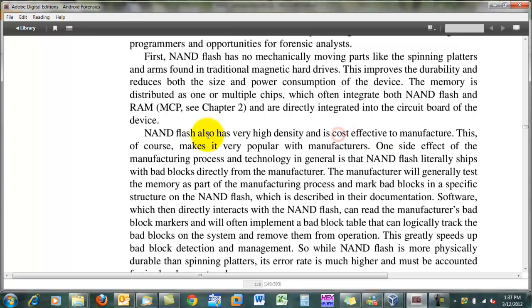It's trying to say that there are many ways to make a flash device, such as the NAND way and the NOR way. The NAND way of creating flash is much cheaper compared to other methods of creating a flash device. It doesn't mean it is cost effective compared with a traditional mechanical hard drive. It's still expensive if you look at the price of today's SSD flash devices compared to hard disks.